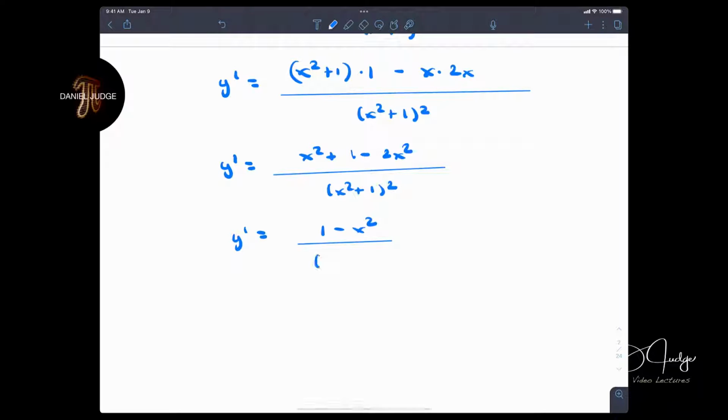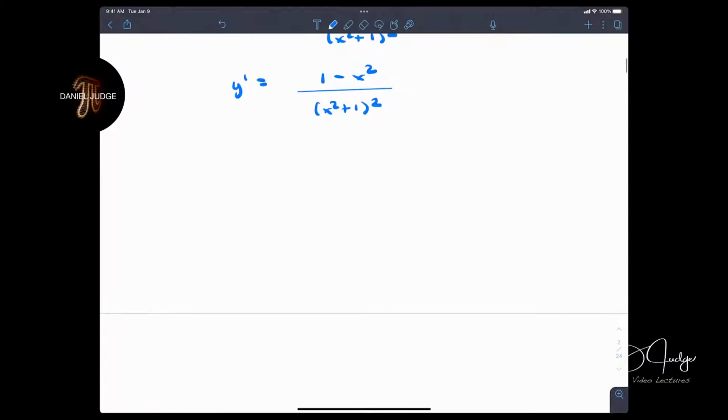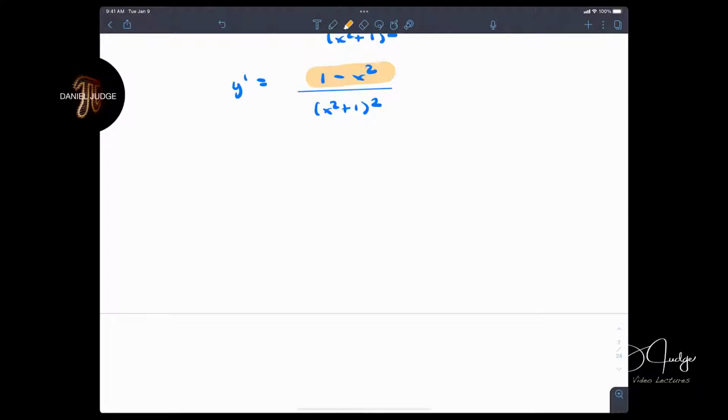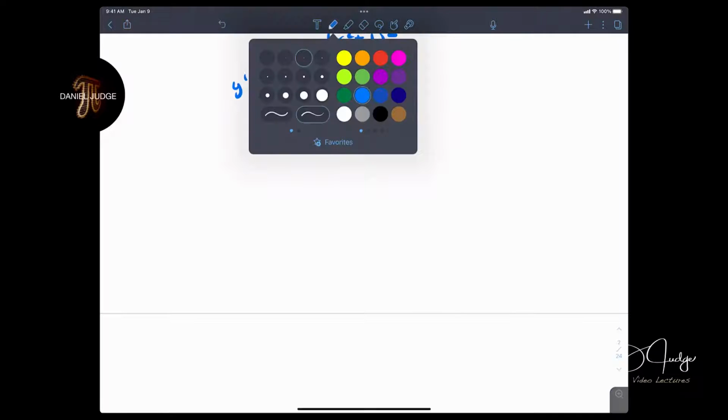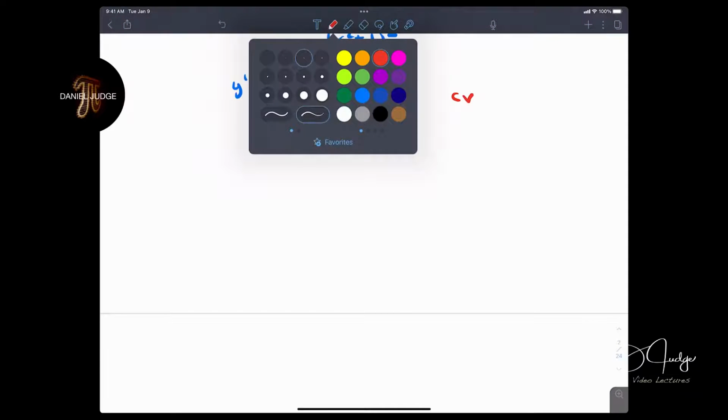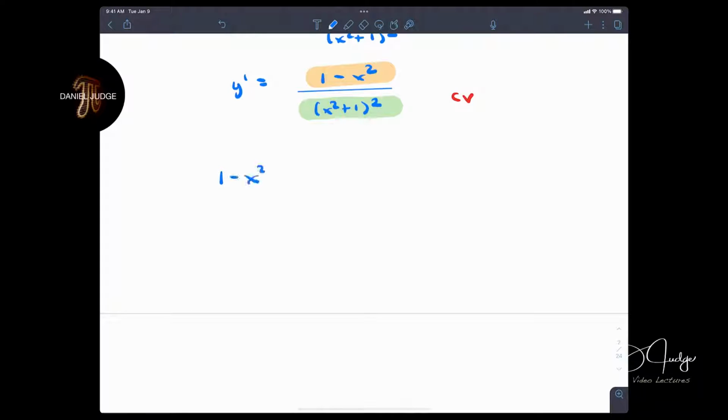So combining like terms in the numerator looks like it gives us 1 minus x squared here. Okay, so here's that first derivative now, and we have to use sign analysis. So remember about sign analysis, we want to find where the numerator is 0. That gives you the derivative being 0. We're going to find the critical values. All right, so we're going to look for those critical values, CV. And the numerator now equals 0.